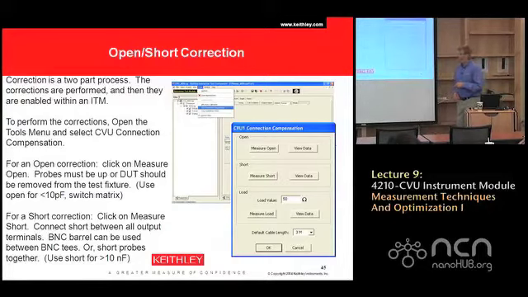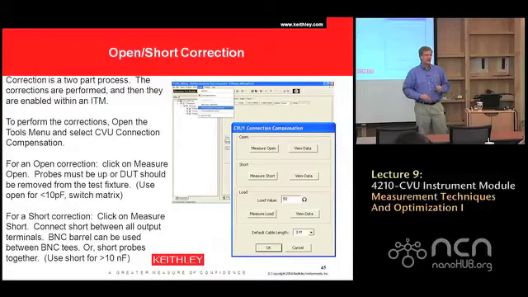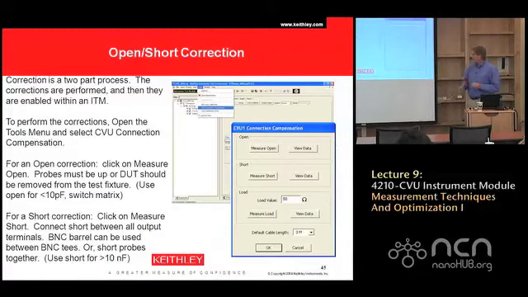This is just the default. You have the option of changing the cable length later. When you're actually in the test itself, if you have a different cable length, you can go in and change it. So cable length is actually an important correction.